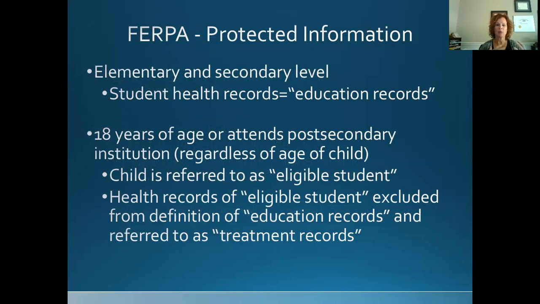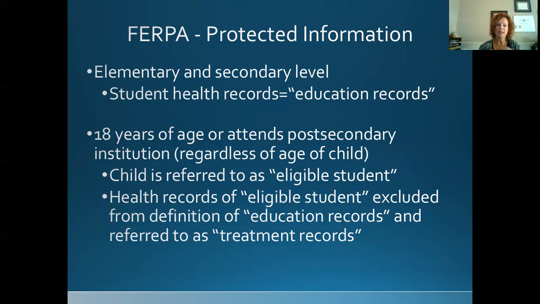Something that I want to point out to you, that will have some differences when we move forward looking at behavioral health records of students, is that at the elementary and secondary level, student health records are called education records. Once a child either reaches the age of 18 or begins attending a post-secondary institution, even if they are under the age of 18, the child is referred to as an eligible student under FERPA.